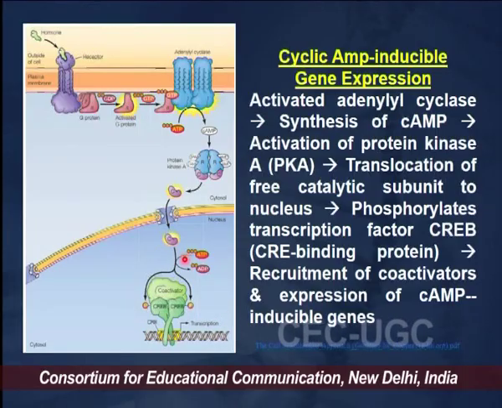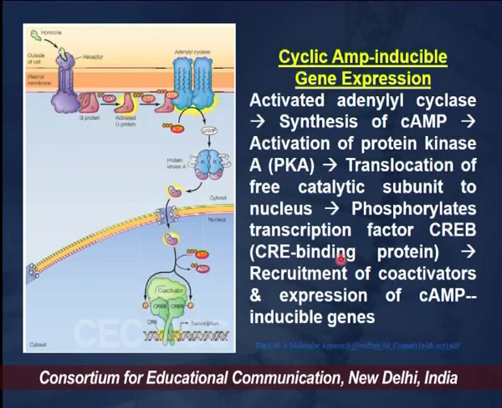Once they enter into the nucleus, they will phosphorylate the transcription factor called CREB. The role of a kinase enzyme is definitely to phosphorylate another protein. So, protein kinase A phosphorylates the CREB transcription factor. You must know the full form of CREB also. CREB stands for CRE binding protein.